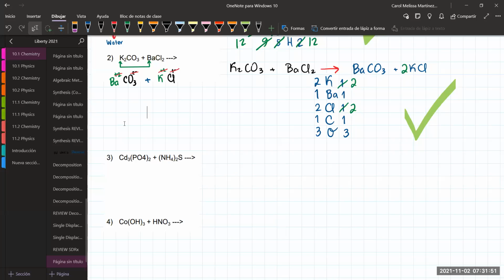Okay, this one is very much interesting. What is the cation in the first compound? Cadmium. What is the cation in the second compound? Sulfur. No. Nitrate. This one is nitrate. This one is a polyatomic ion, but it's a cation.